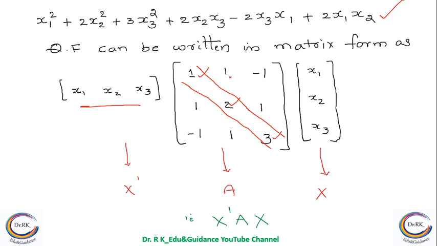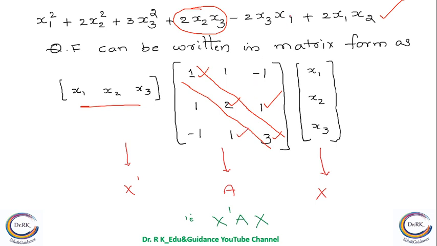Next, this is the x1, x2 term, and x1, x3. Now, if you see 2x2x3, we have to divide this into half. This is the place for x2, x3, and this is the place for x3, x2.